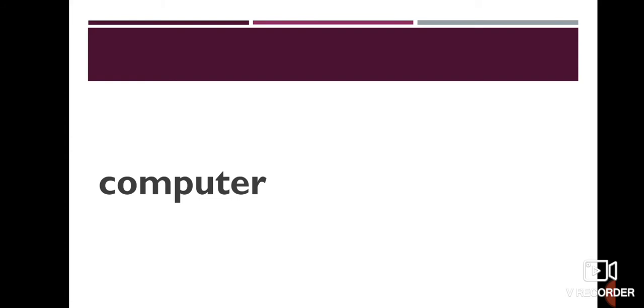Now just check one example for more clarification. If my caps lock key is off, means I have not pressed caps lock key, so whatever I type, it will come in small letters. As you can see right now, my caps lock key is off, so I have written computer. It's in small letters.